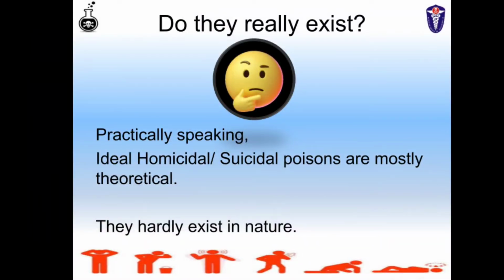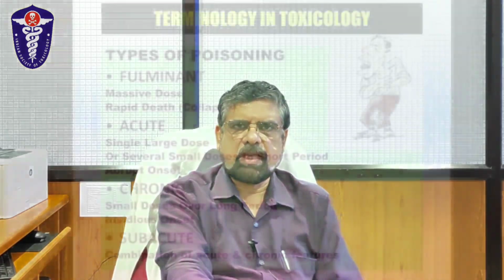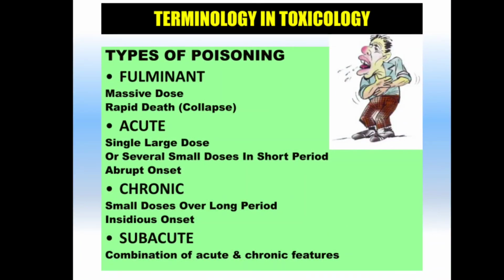All right, before we go to classification, we'll wind up with some common terminology in toxicology, because again there is some confusion sometimes, even with medical students and sometimes even faculty. So there are terms like, for instance, fulminant poisoning. What does it mean? As opposed to acute poisoning or subacute poisoning or chronic poisoning.